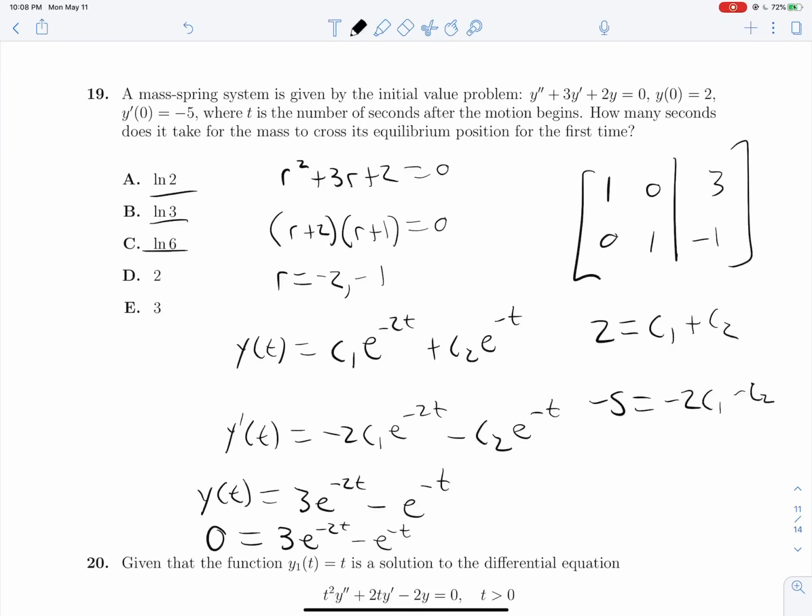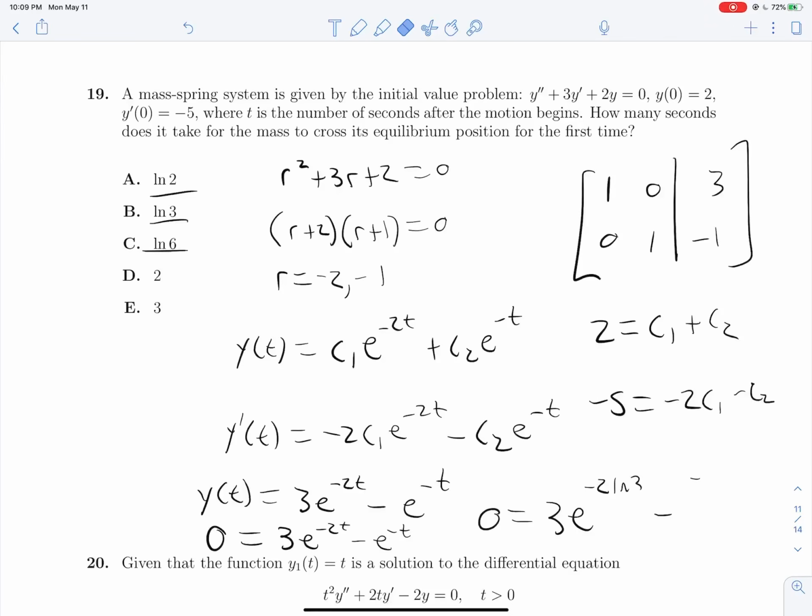So these answers are really the only three we're thinking about plugging in. And since we have a 3 running around here, might as well just try plugging b in. Sorry, because this one definitely does work, so I'm not just picking it for no reason. That'll be 3e to the negative 2 ln 3 minus e to the negative ln 3.